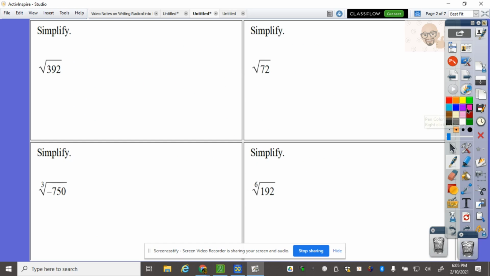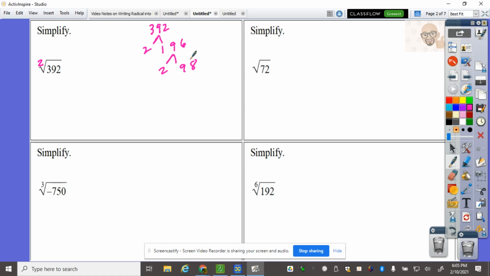Okay, so let's go ahead now. Simplify the square root of 392. Remember that the index there is 2. So 392 divided by 2 will give us 196. I'm going to do prime factorization here. 392, 2 and 196. 196, if I divide by 2, will give me 2 and 98.